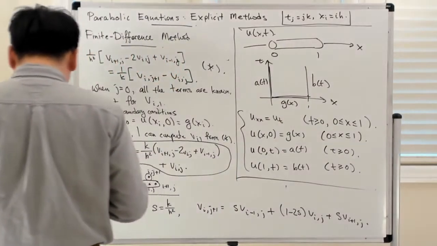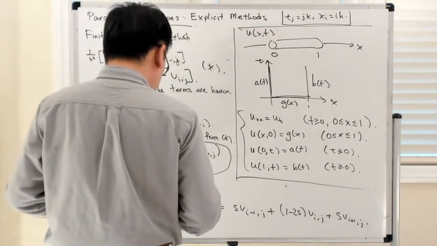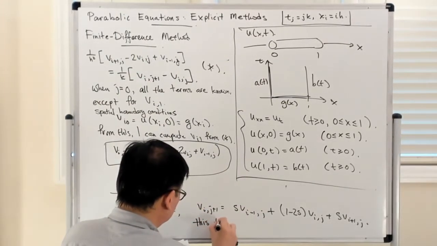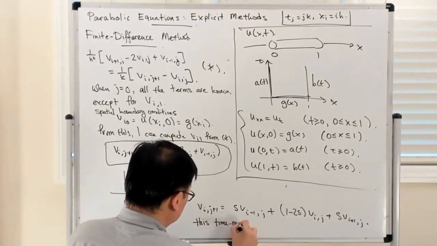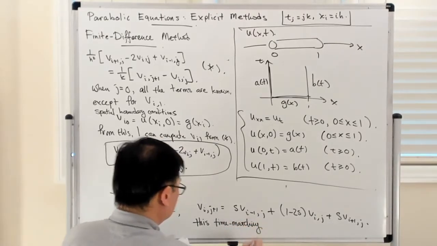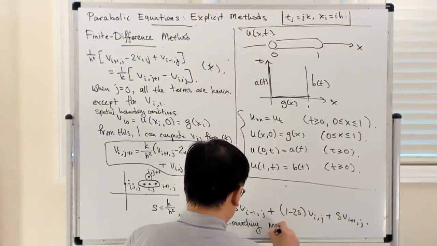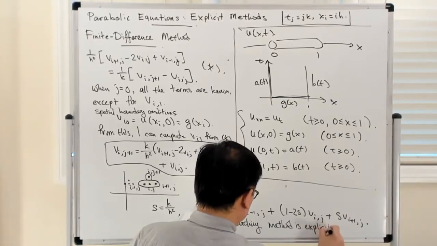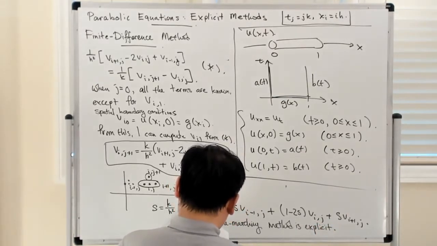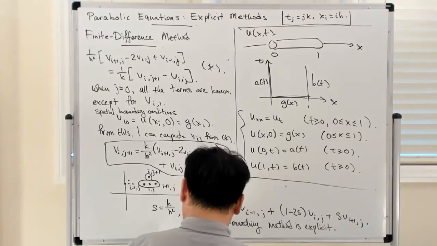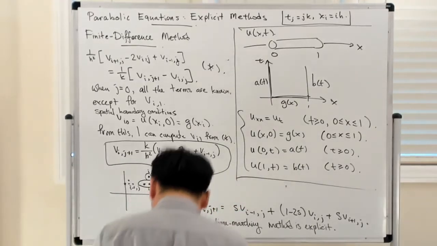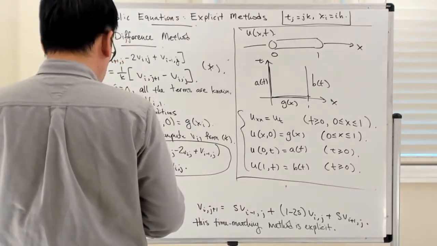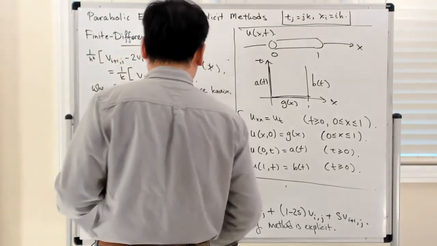So this time marching method is explicit. Okay, so let me just write down the algorithm and then I will stop for now.